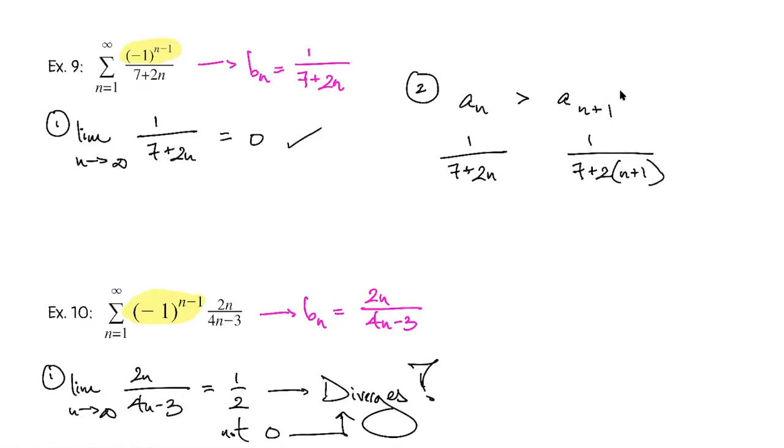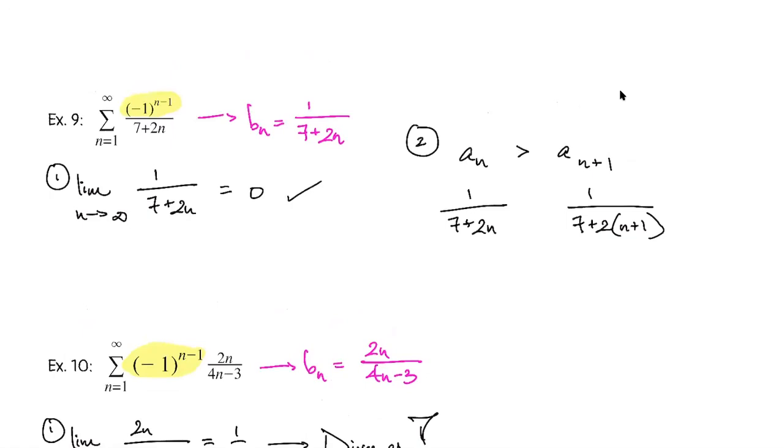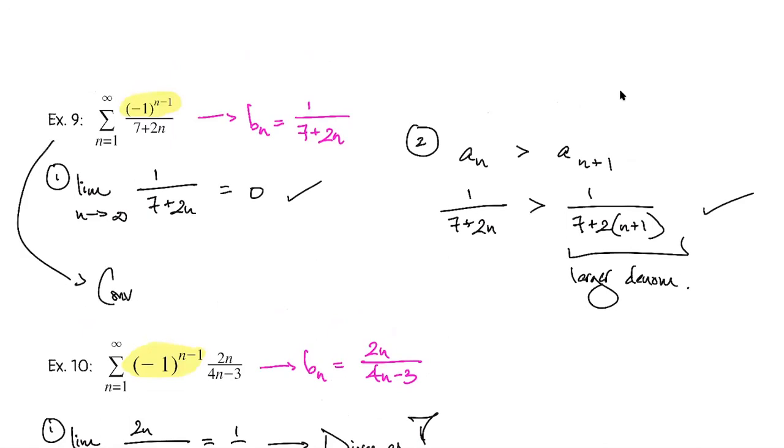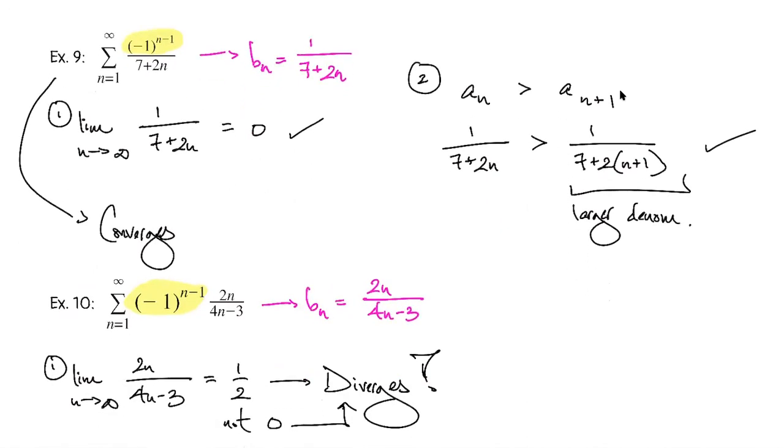So the second one has a larger denominator, which means that it's smaller, which means that it's decreasing. So this converges. All right. Does that maybe clarify where I was getting the n and the n plus 1 from in the previous example? Yeah. Okay, good. Sorry, I skipped that step.